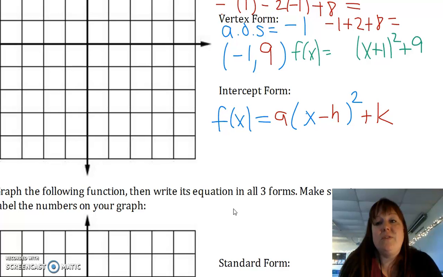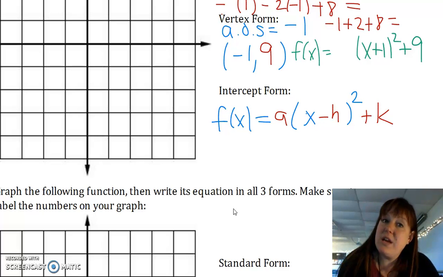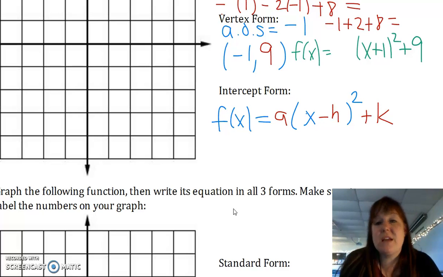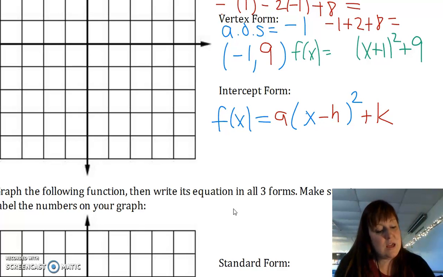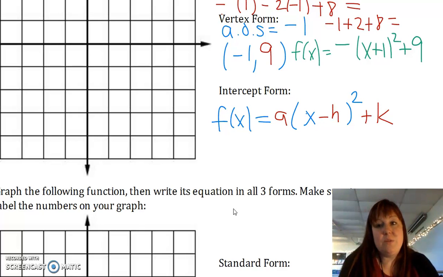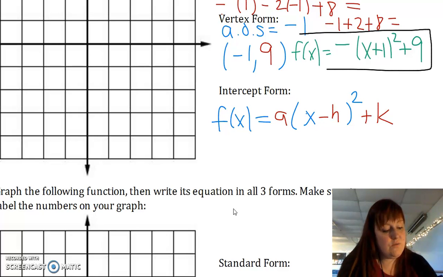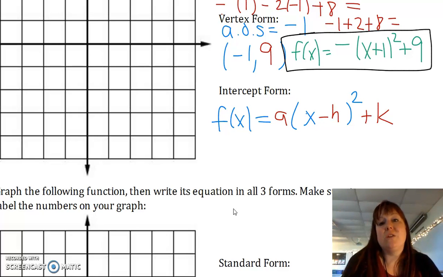And the only thing we have to add in there is our a value. So what should a be? Well, the a value is the same for standard, vertex, and intercept. So if it has a negative 1 a value in standard form, it's going to have a negative 1 a value in vertex form as well. So that's our vertical stretch. So this is our vertex form of that.